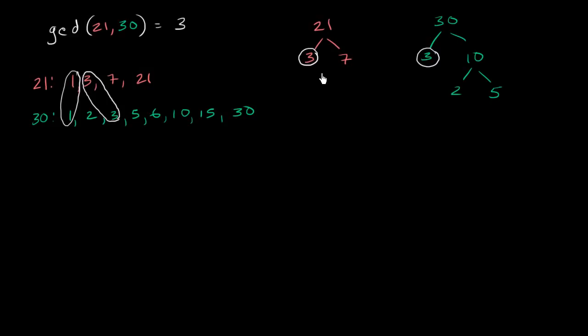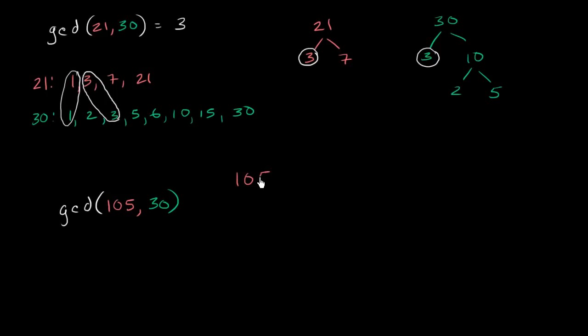Let me give you another interesting example just so that we can get a sense of things. Let's say these two numbers were not 21 and 30, but let's say we care about the greatest common divisor of 105 and 30. If we did the prime factorization method, it might become a little clearer now. Actually figuring out what are all the factors of 105 might be a little bit of a pain.